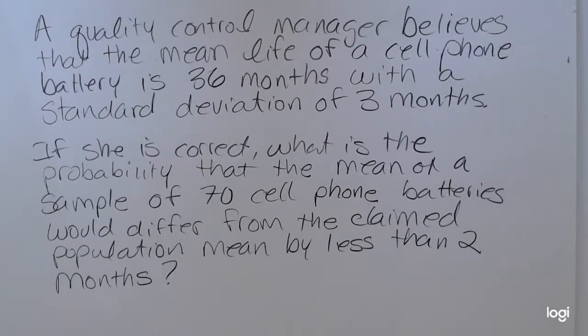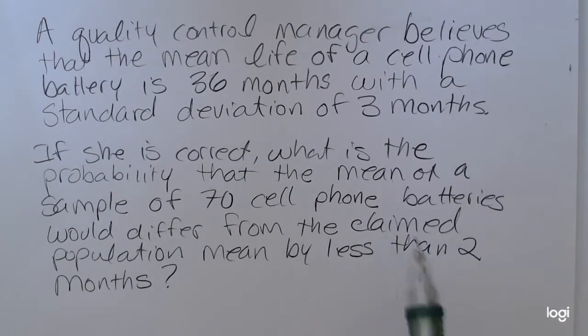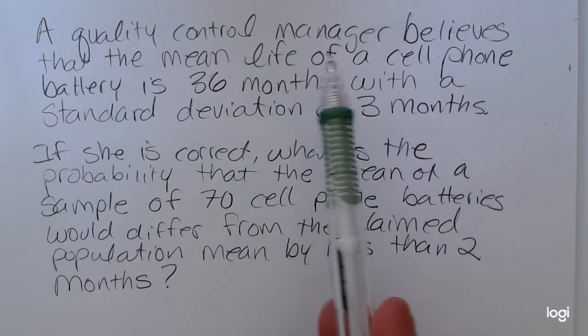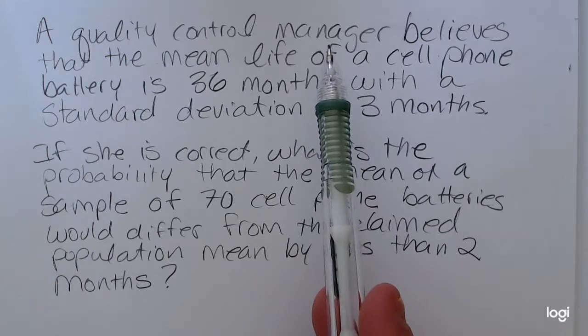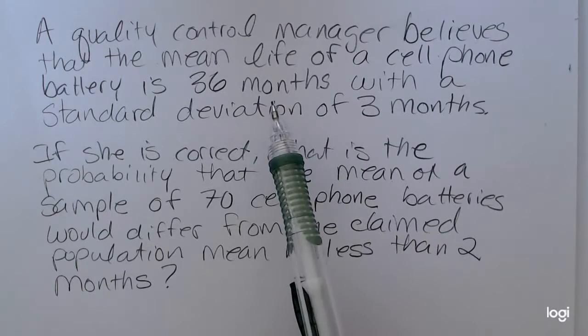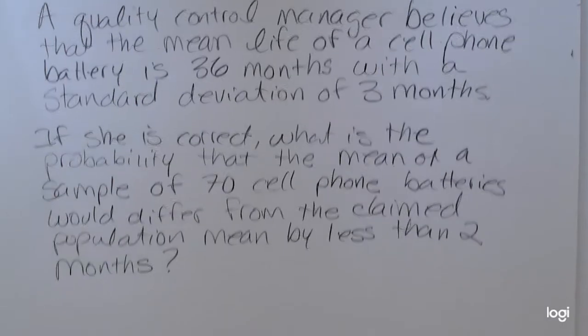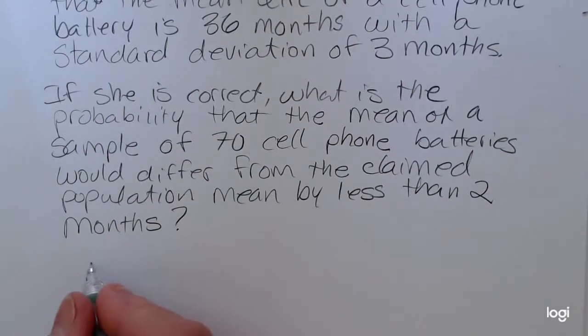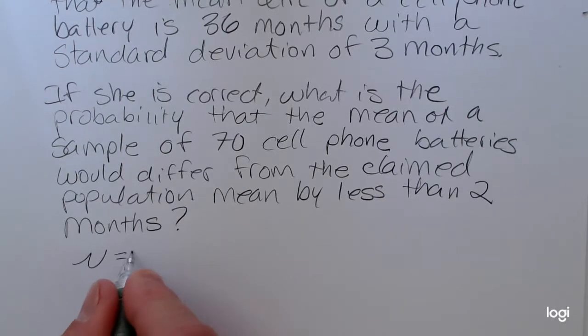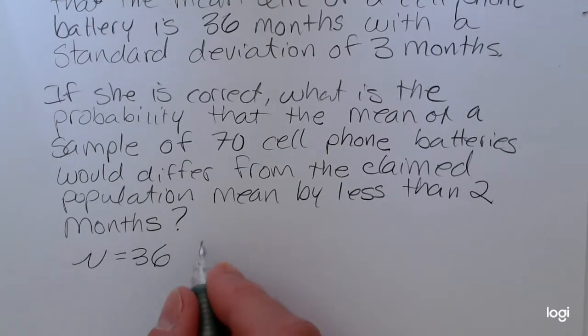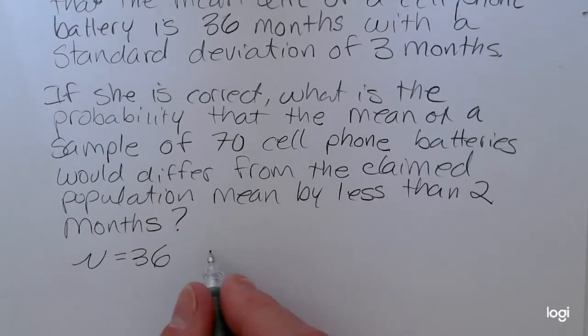All right, so this quality control manager is making a claim about the population of cell phone batteries. She is claiming that the average life for the population of cell phone batteries is 36 months and the standard deviation is 3 months.